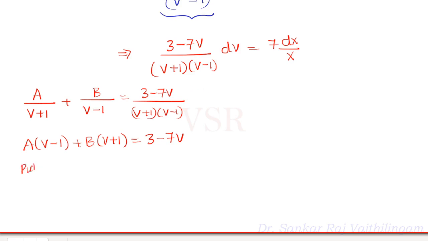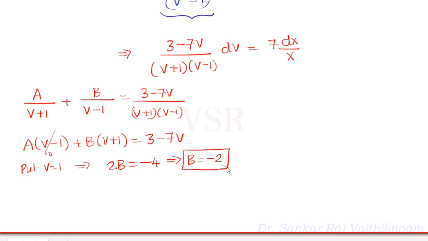Put v equal to 1, then v minus 1 is 0. Then 1 plus 1 is 2, so 2B is equal to 3 minus 7, which is minus 4. So B is equal to minus 2.